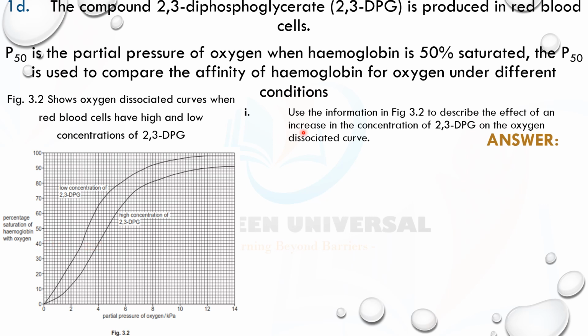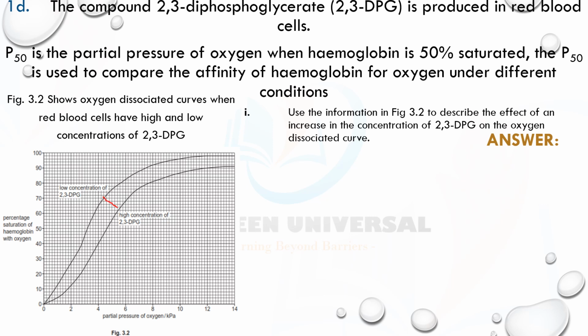Because they asked us to use the information to describe the effect of an increase: if you increase the concentration, the percentage saturation of hemoglobin with oxygen will decrease. How do we know that in the graph? The graph will shift to the right. Can you see it shifts to the right, like this?